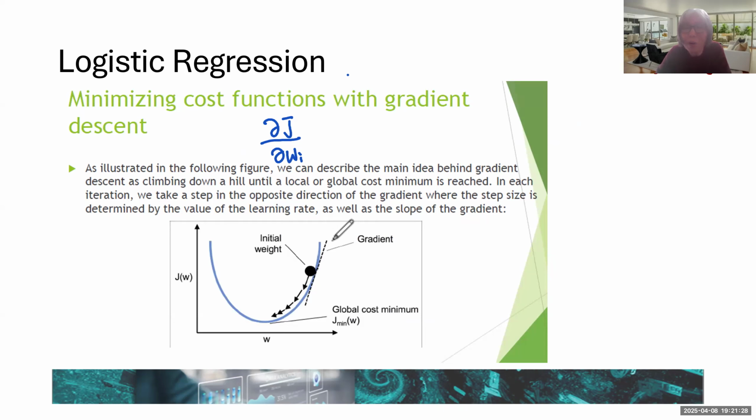The slope at any point of this quadratic curve is basically the gradient. Gradient descent means that once you know the slope, the derivative of the cost function with respect to the weights, you go in the negative direction.